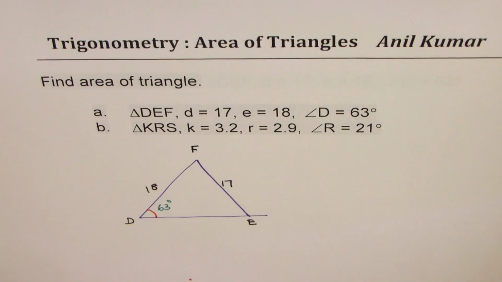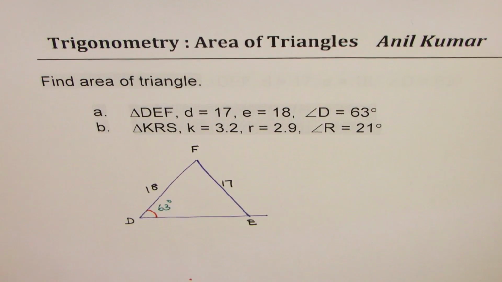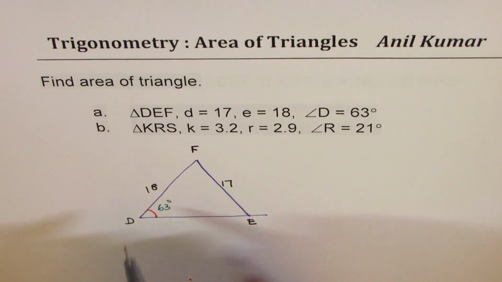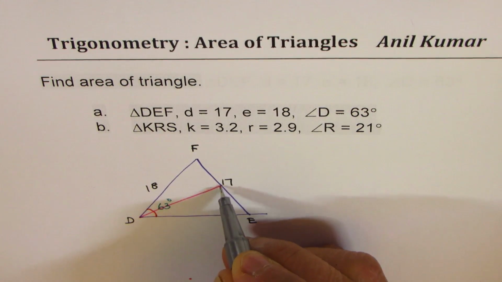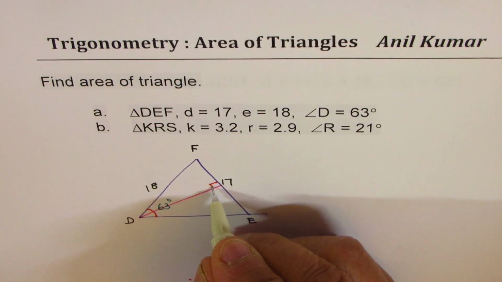Now as you can see, if I use one of these sides, then I'm using one of these sides as a base also, correct? So let us say that EF is my base. In that case, altitude will be kind of like this, correct? That becomes the altitude.